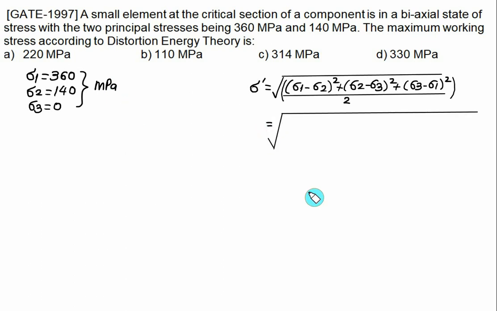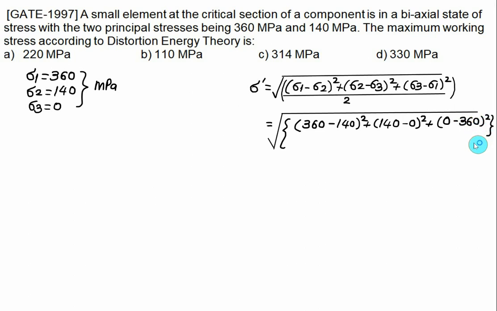So we have under root of first term we have sigma 1 minus sigma 2. Sigma 1 is equal to 360, sigma 2 is equal to 140 and we have a square of it. Then sigma 2 is equal to 140, sigma 3 is equal to 0, square of it, plus sigma 3 equal to 0, sigma 1 is equal to 360 and we have a square of it.